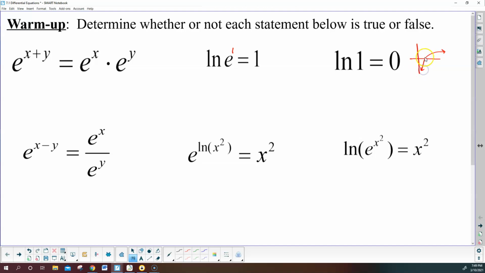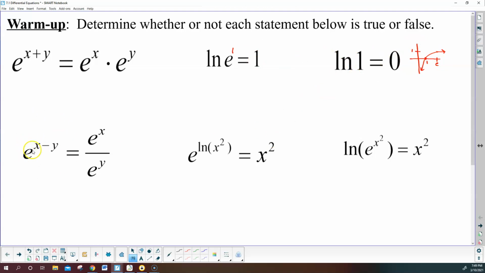If you have the graph of the natural log right here at 1, when x is 1, its output is 0. And then if I wanted to match this graph as well, if the input was e, then the output would be right here at 1. So this graph is what I use to remember these two facts.